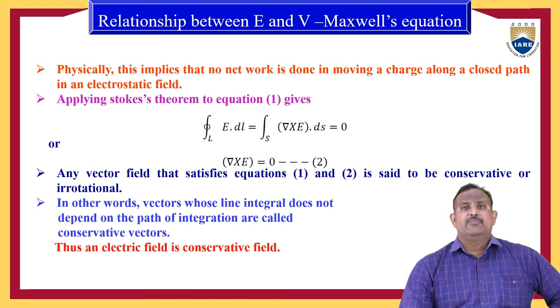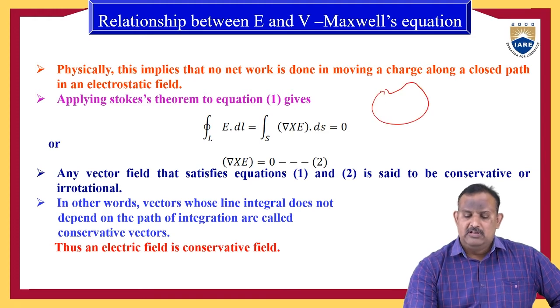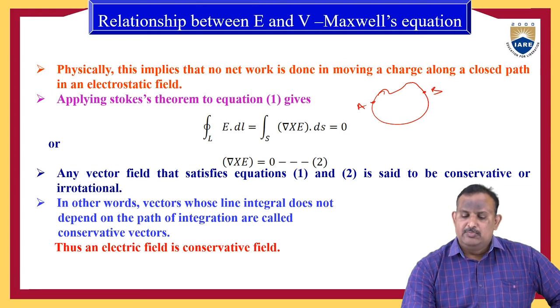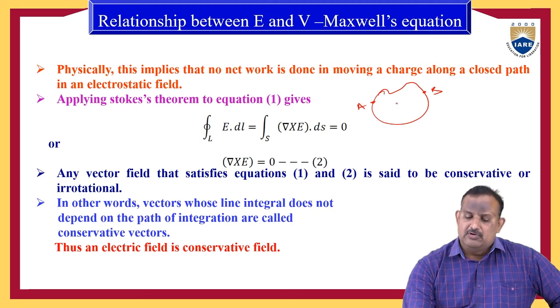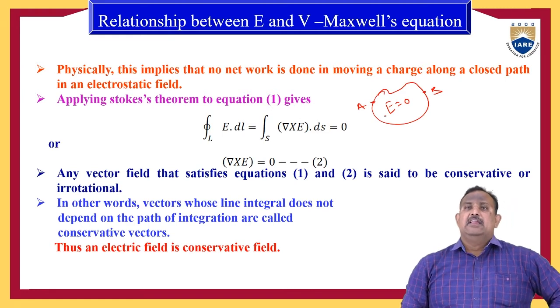Let us assume point A here and point B here. In this closed loop, suppose I want to move a charge from point A to point B. Because of the closed loop, the total electric field intensity is E equal to 0, according to the conservative nature of an electric field.